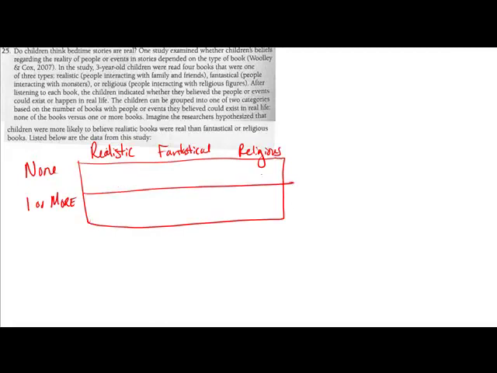I've got to admit, I don't really understand what they're trying to get at here, but it doesn't matter, because I can go ahead and compute a chi-square. I don't really have to understand it as long as I apply the math rules. I've got to do the totals of my rows and columns.